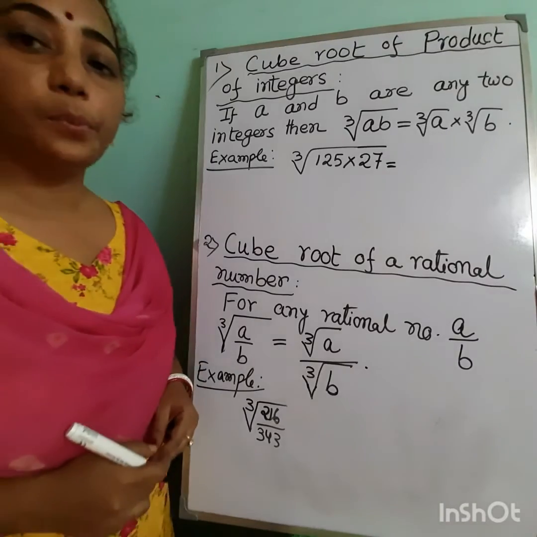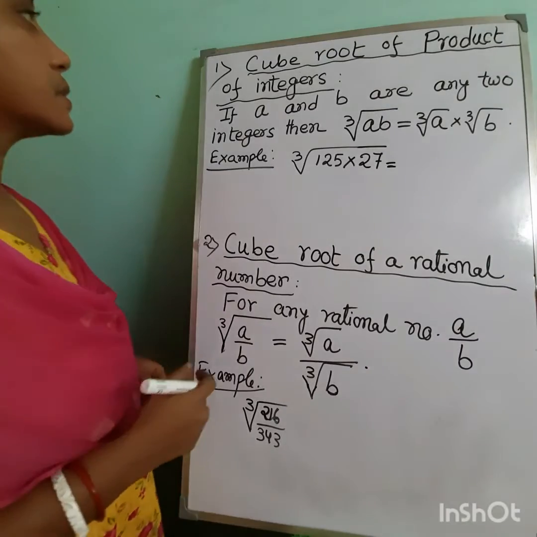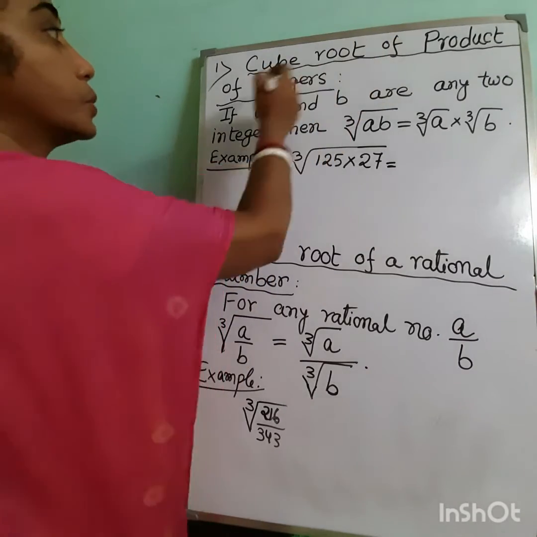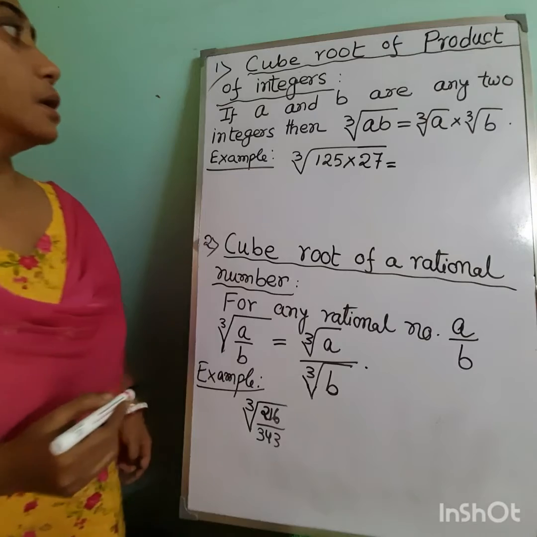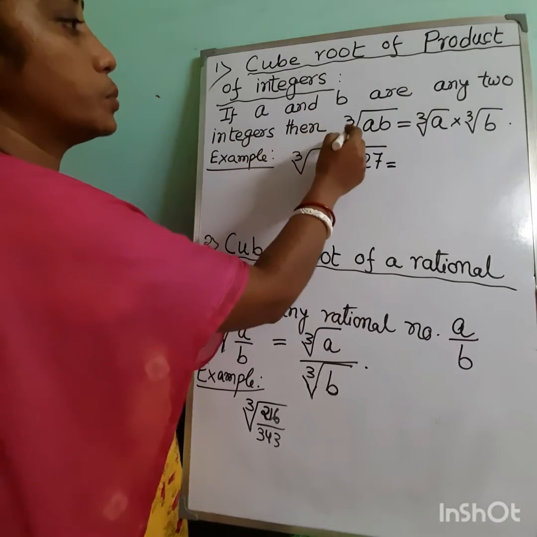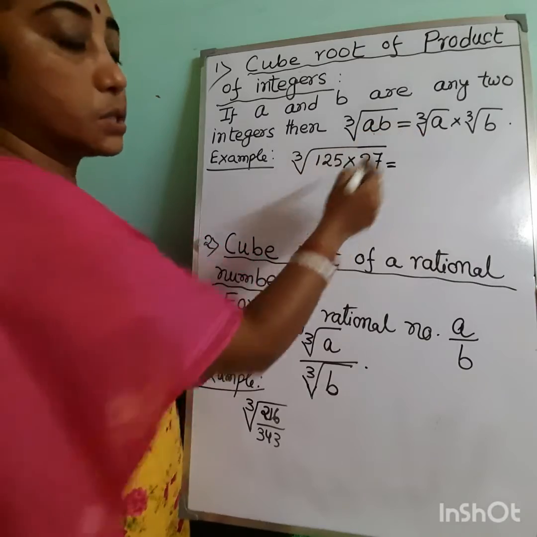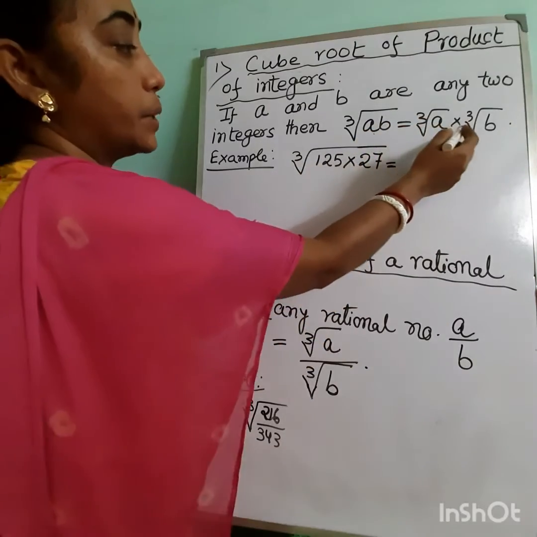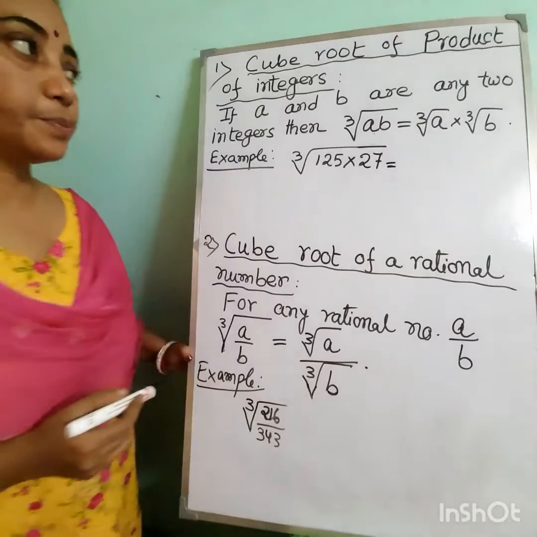Let us see some important properties. The first, cube root of product of integers. Now if a and b are any two integers, then the cube root of a into b is equal to the cube root of a multiplied by the cube root of b.